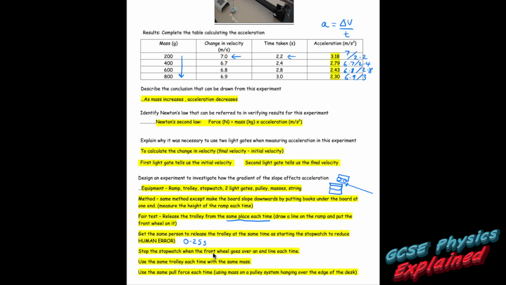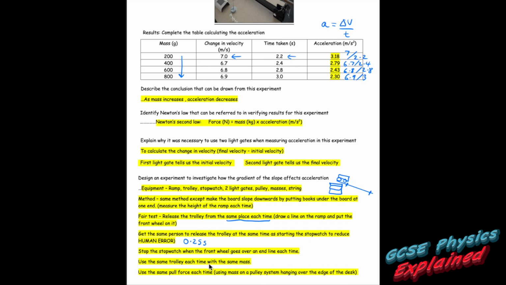So if you've got one person releasing the trolley and one person starting the stopwatch, you're going to have human error. So to minimise that, get the same person to release it. Stop the stopwatch when the front wheel goes over a line at the end each time. So you could put a line there. So start the stopwatch when you release it, when it goes over the first line, and stop the stopwatch as the front wheel goes over the second line.